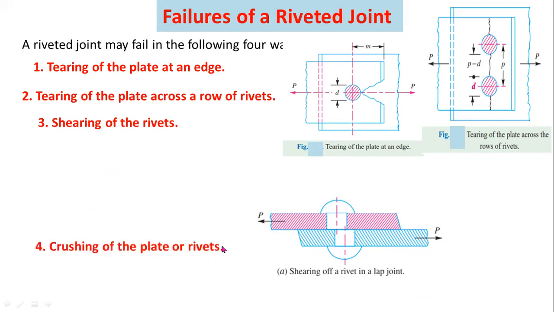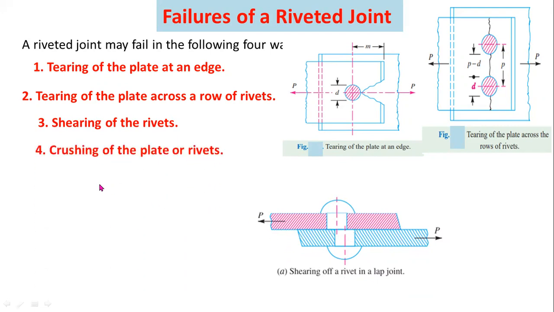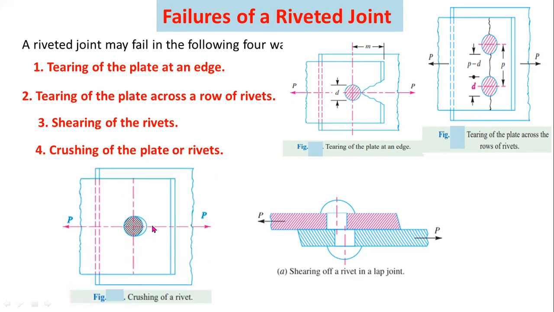And the fourth failure is crushing of the plates or rivets. This is the crushing failure. So these four are the important failures in riveted joints. For our design purpose, we consider the last three failures for determining the efficiency of the riveted joint.